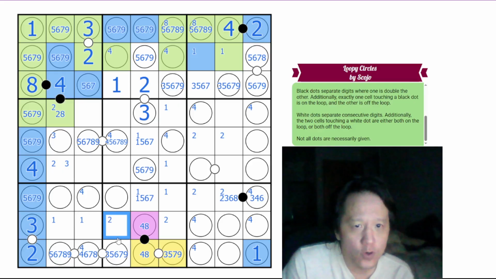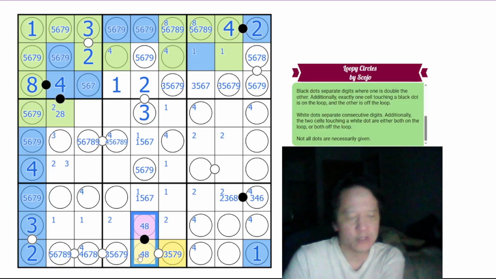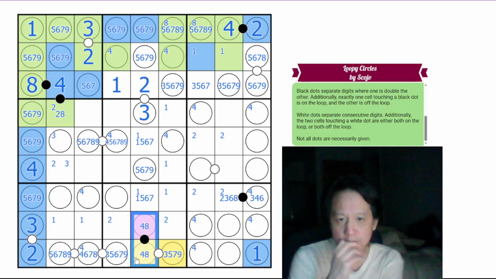Eight is always on the loop in a circle. Oh, that's interesting. So whichever 8 is here, it's always on the loop. That means the 4 has to be off the loop, wherever it is. Huh. Interesting.